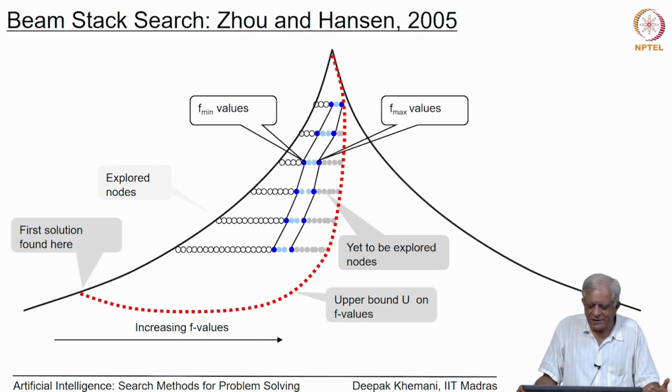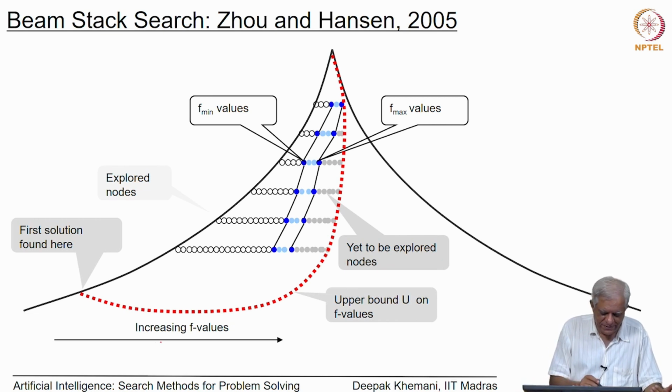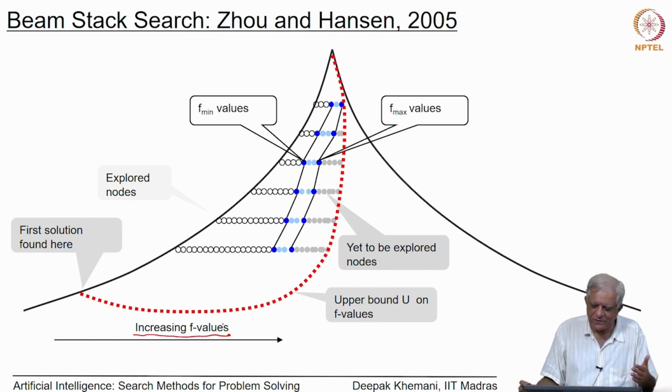As I said, we are visualizing a search tree in which we are arranging nodes at every level in increasing f values. So, for every level in this search tree, we are organizing the nodes in increasing value. So, in some sense, our search algorithm will sweep from left to the right.